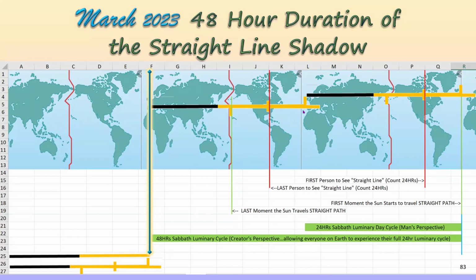The most extreme scenario is when you make it all the way back to column K, to the person on the right side of the start of that time. They have to wait for the sun to get all the way back around for their day to begin. But think about this from the Creator's perspective.